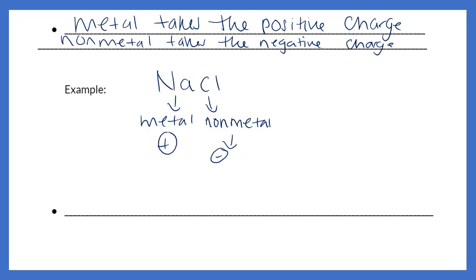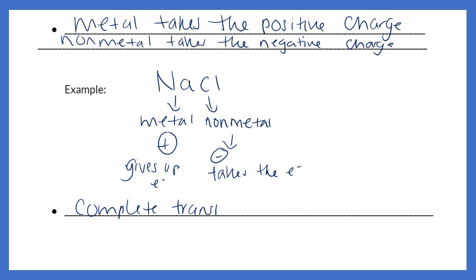The metal takes a positive charge because it gives up the electrons, and the nonmetal takes a negative charge because it takes the electrons. And lastly, this is a complete transfer of electrons.